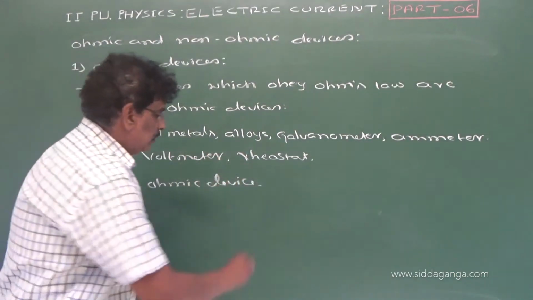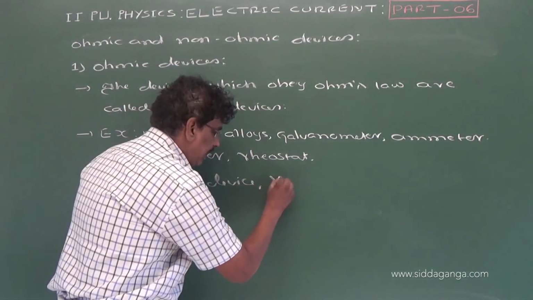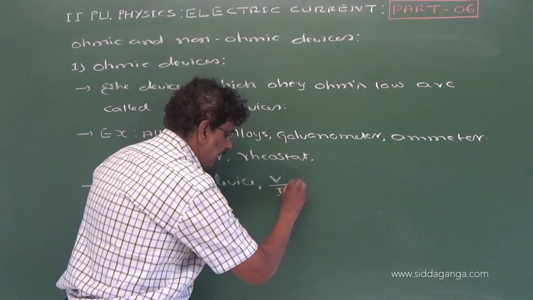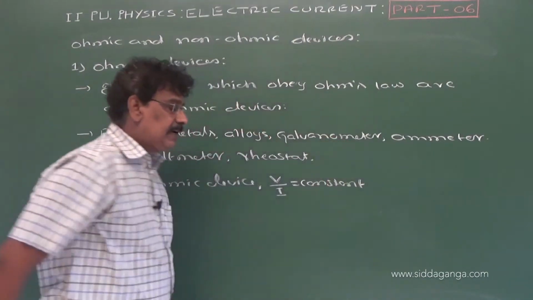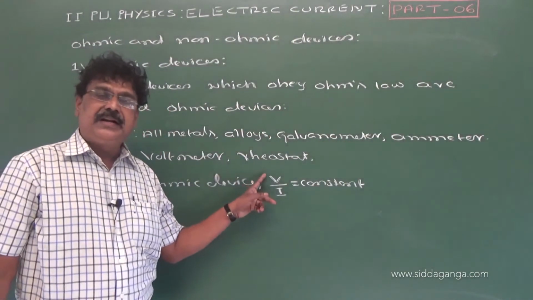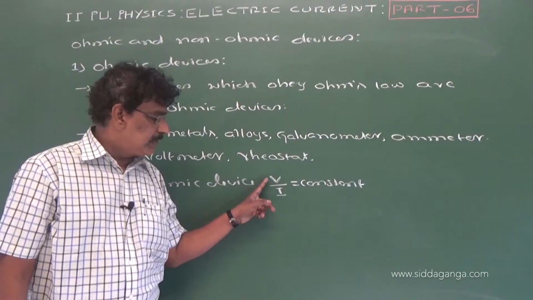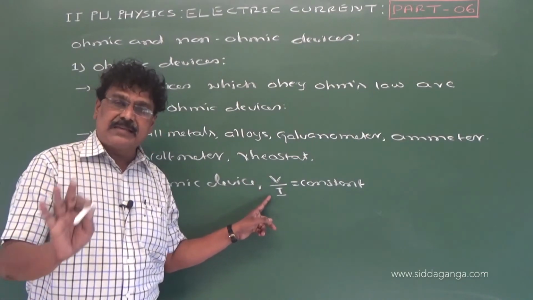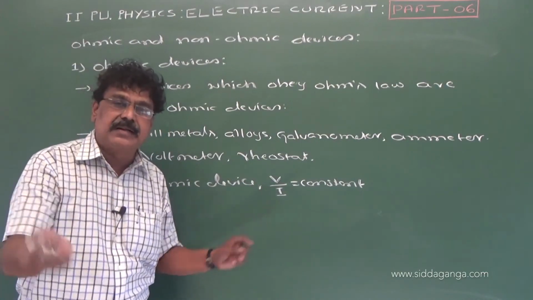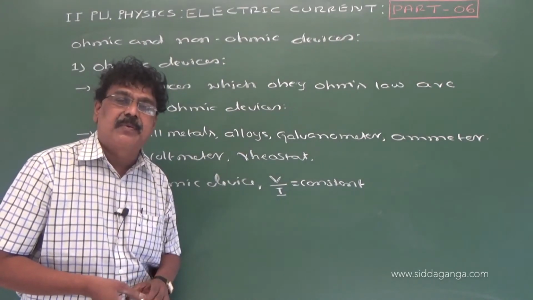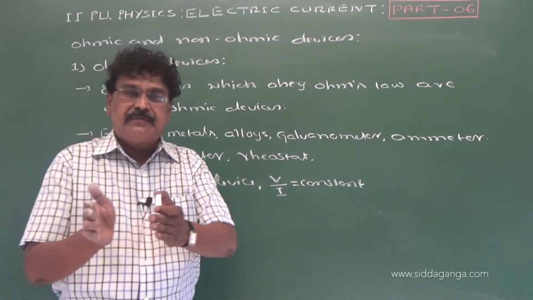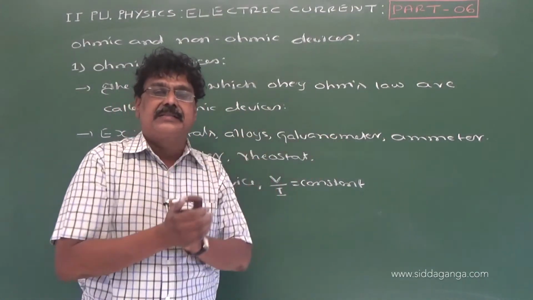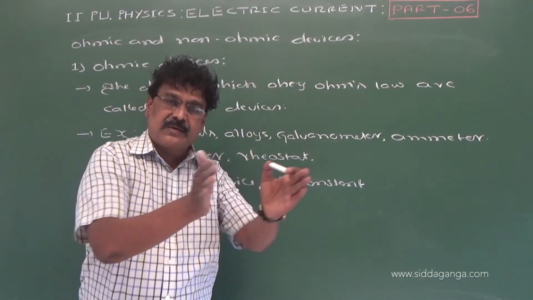Now for an ohmic device, V by I is equal to constant. The ratio of potential difference to current is always constant. In other words, current is directly proportional to the potential difference. As potential difference is gradually increased, the current also increases.